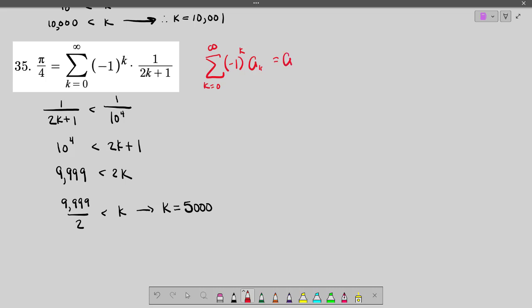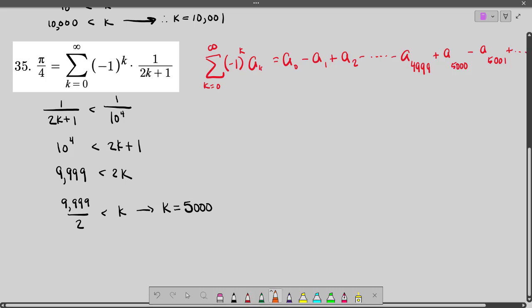So we're going to have a sub 0 as our first, and then minus a sub 1, and then plus a sub 2, minus, etc. Now we're going to get out here. Let's put in a couple of terms around here. So we're going to have a sub 4,999. Should that be a positive or a negative in front of that term with an odd index? Negative. And then we're going to add a sub 5,000, and then we would subtract off a sub 5,001 plus etc. So there's the generic look of our series.